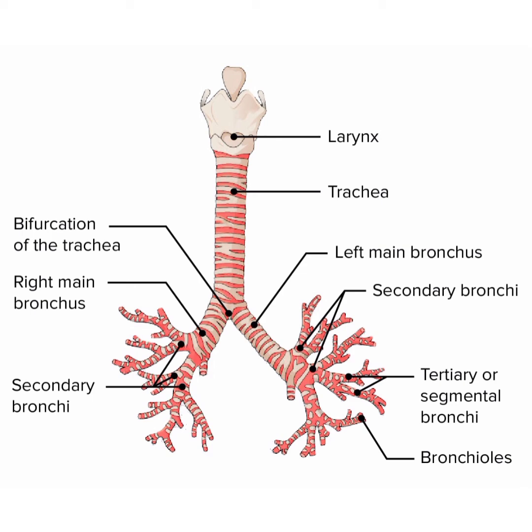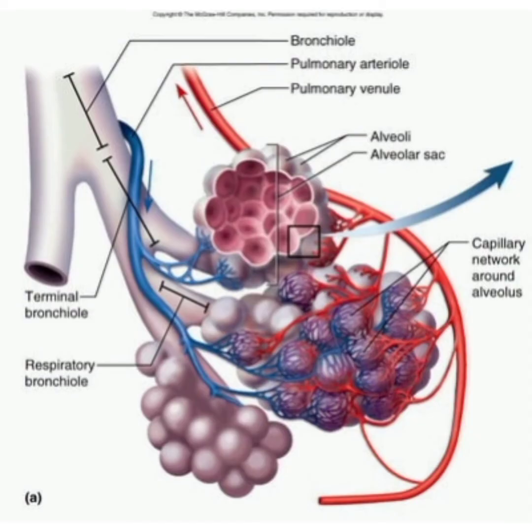Numerous lymphocytes are present in the lamina propria of the bronchioles. The bronchioles are lined by cuboidal epithelium. See, the height of the epithelium decreases.